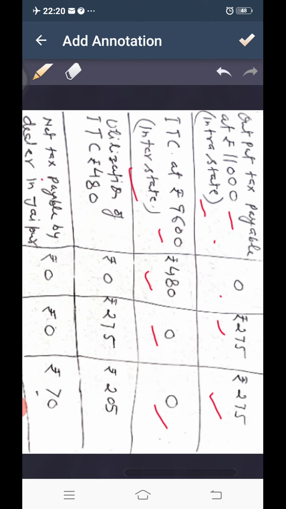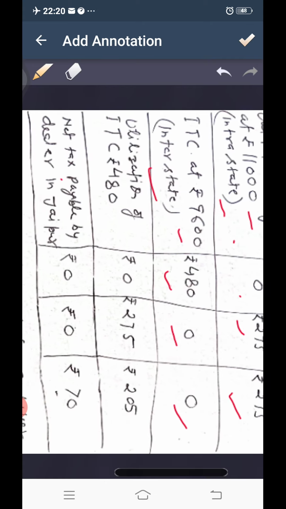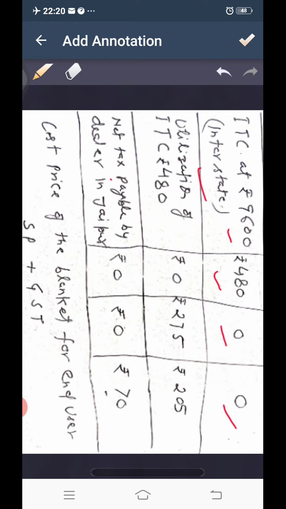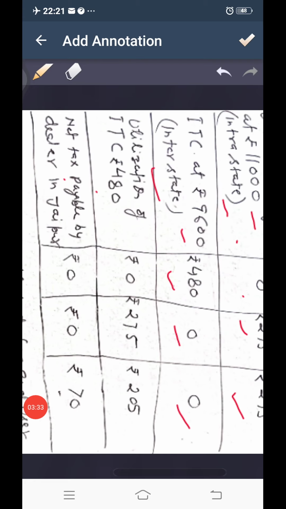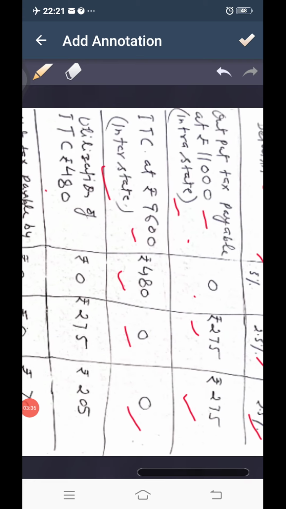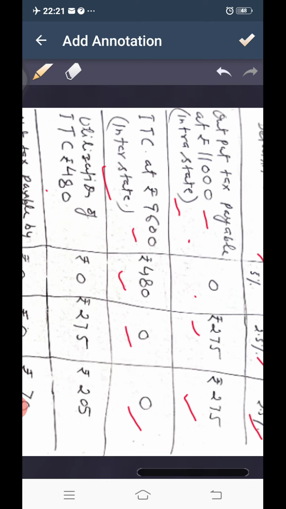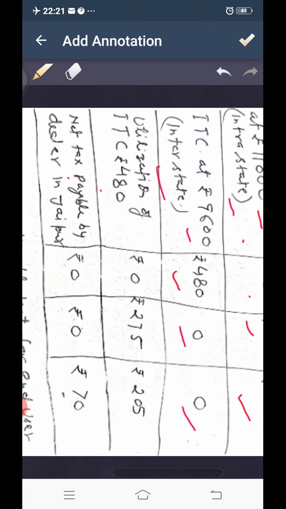So here we can see that there is no output IGST, only input IGST. So this IGST will be distributed between the states. So CGST, state and central government, will be distributed.